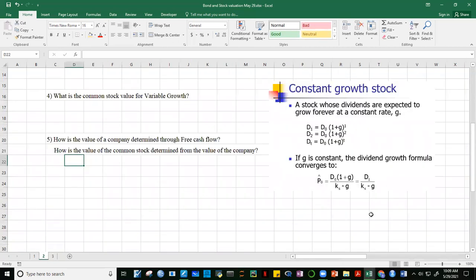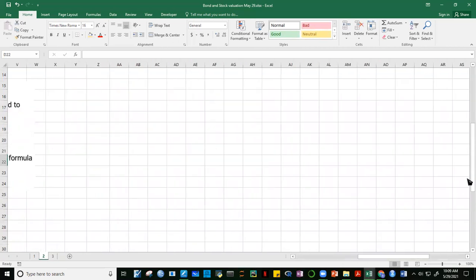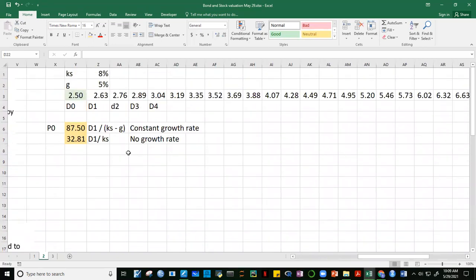And a little review, guys. Kanina, tinignan natin kung if the dividend will not grow, no growth rate, ito yung formula. If the dividend will grow by a constant growth rate, ito yung formula. And it turns out that the constant growth rate, of course, will yield a higher price of the stock, kasi nag-grow yung dividends natin.